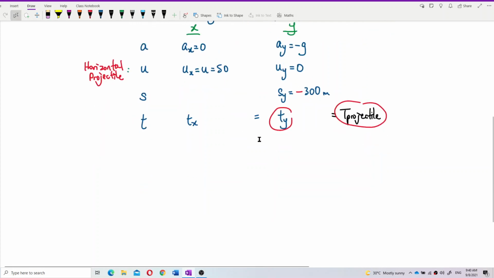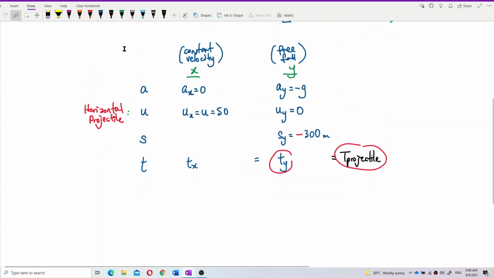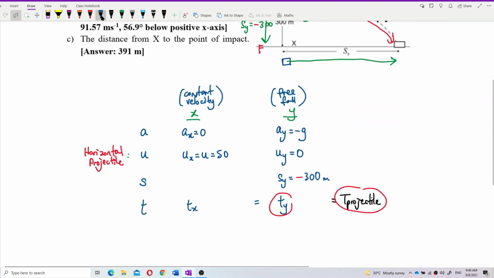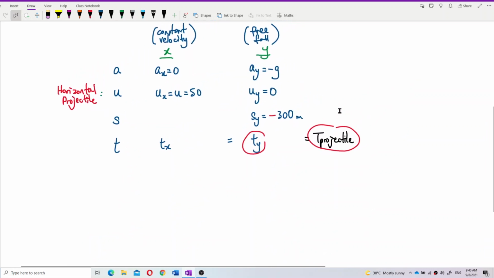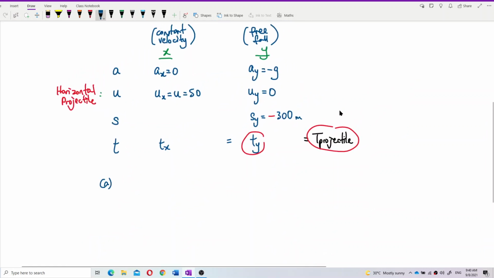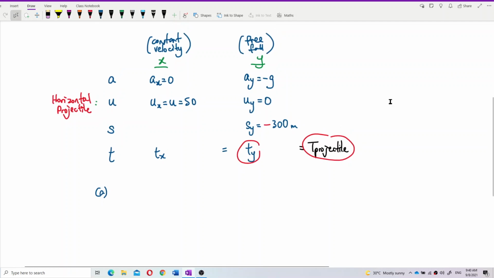Let's do it. So we start with question A. We start with the y components. For question A, for the free fall motion, we use the y component.